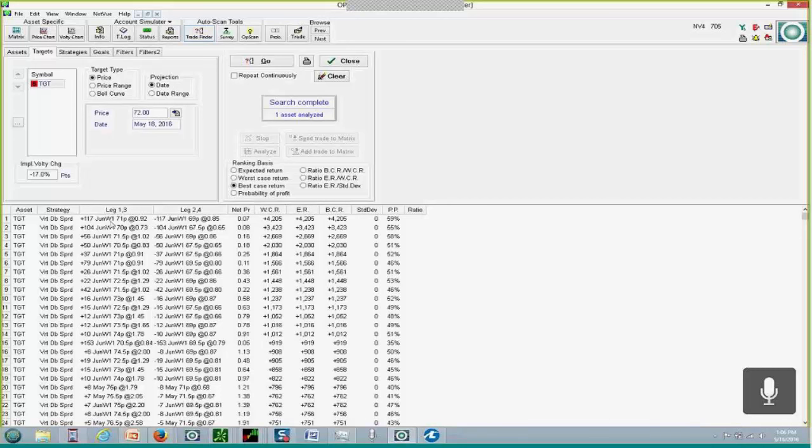Here's a vertical spread using the first week in June, selling the 69 put for 85 cents. It's a decent price. And buying the 92 cent 71 put. That's saying that with $1,000 at risk, I would make potentially $4,200 by May 18th.